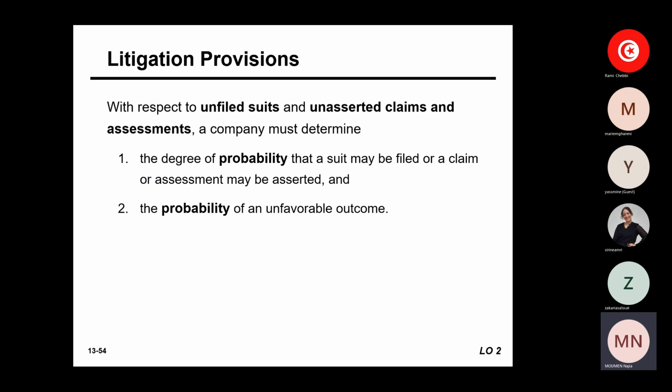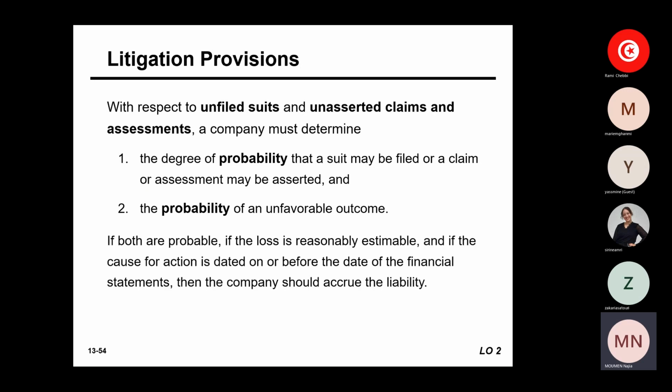And there is also a probability that this suit will have an unfavorable outcome. And if both are met and the loss is reasonably estimated, then you should record a liability, of course, conditioned on what?